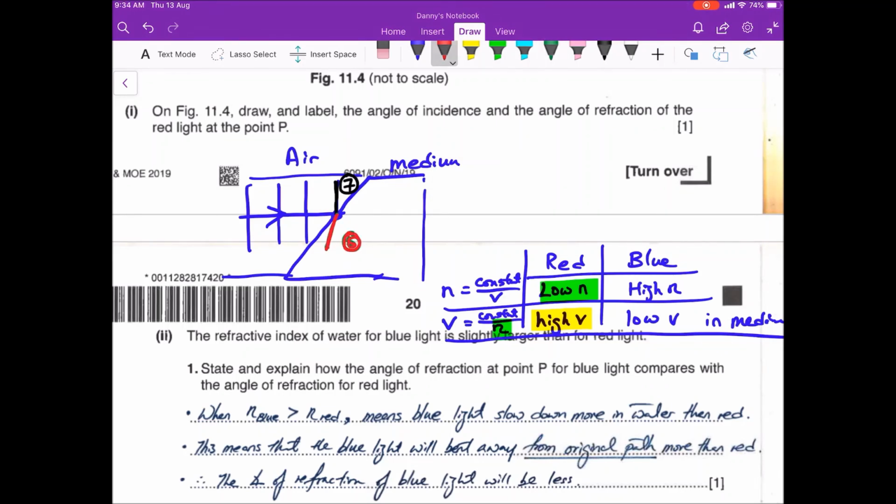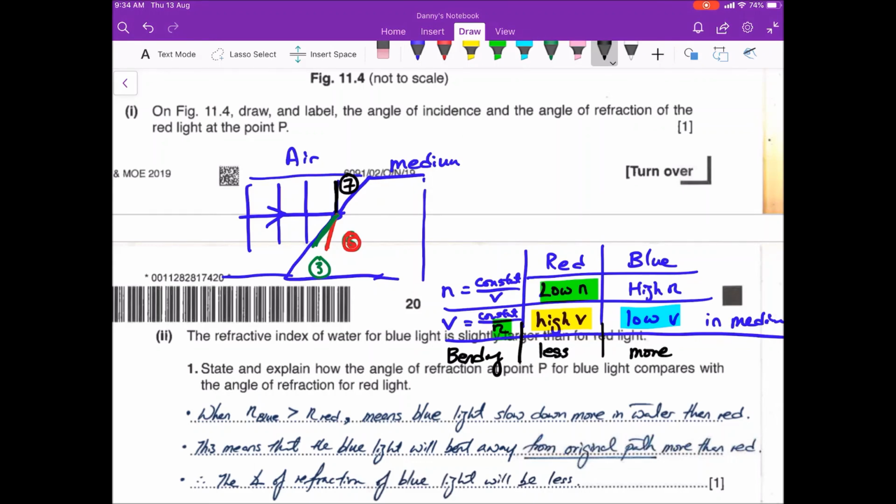But if it is blue light, whereby it dropped to a lower speed, let's say it dropped to a speed of 3, then of course it will bend even more. So we know that when we have a relationship like this, the bending for your red light will be less, but for your blue light it will bend more.